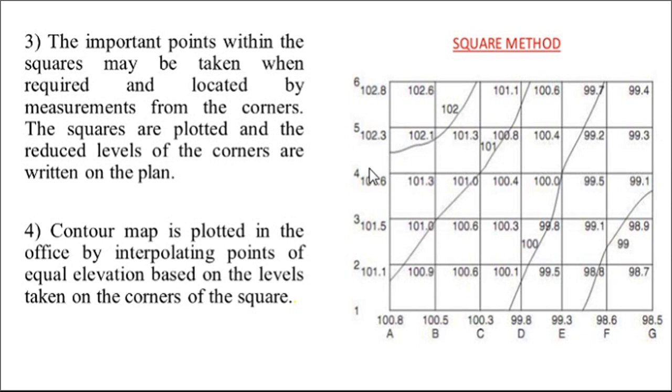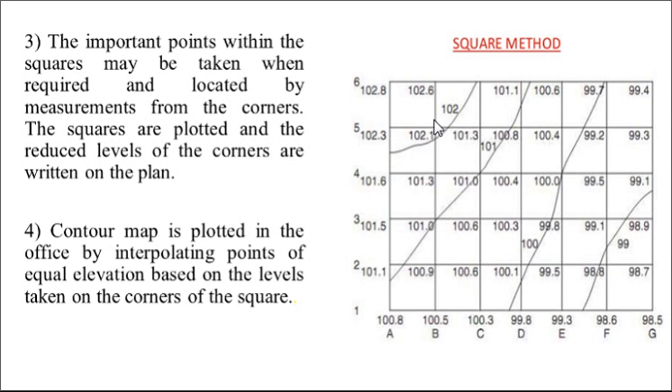Starting from this point, here RL is 101.6, here RL is 102.3, so the reduced level 102 may be in between these two corners. The exact point is found by interpolation.